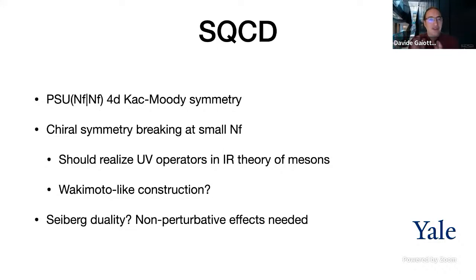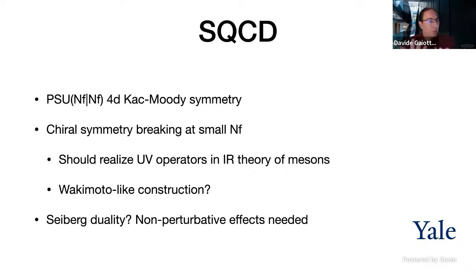Just to remind you what SQCD is, this is a theory of SU(N) gauge fields with NF fundamental and anti-fundamental matter fields. After holomorphic twist, the fundamental and anti-fundamental matter fields get mixed up into a representation of U(NF|NF), and then quantum mechanically the symmetry is reduced to PSU(NF|NF).